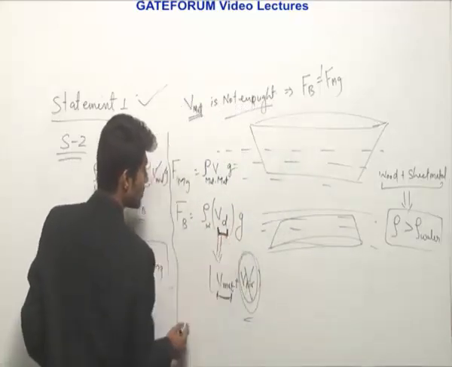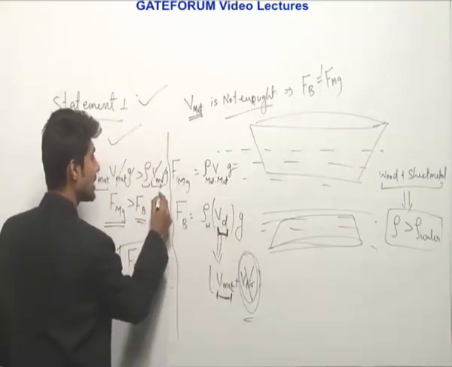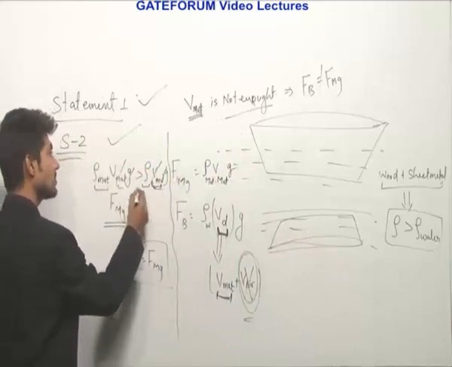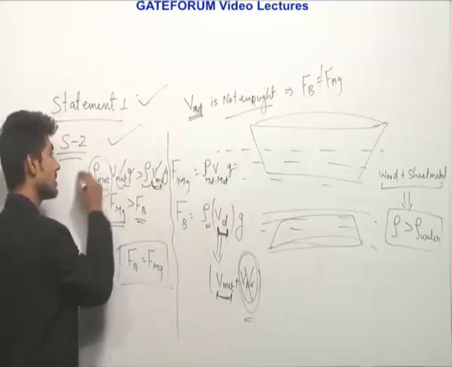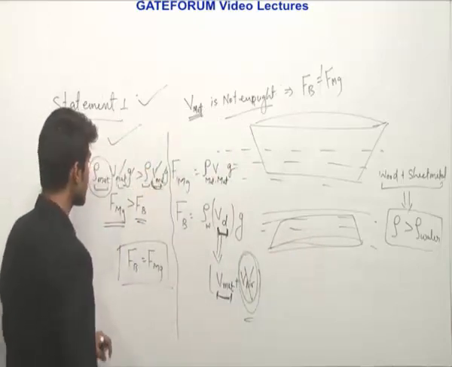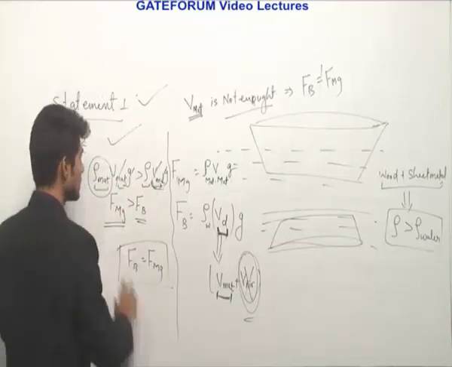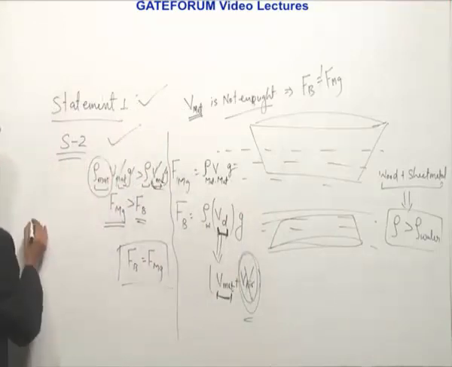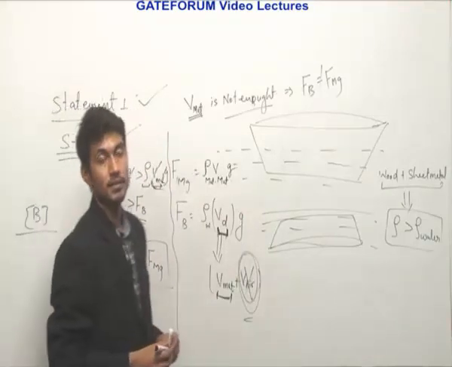Now the displaced volume in the second case has become the material volume only because there is no air. So material volume is the same, g is the same, so density will play a major role, and if density is more, the boat will sink. So statement 1 is true, statement 2 is true, but not the explanation, so our answer will be option number B.